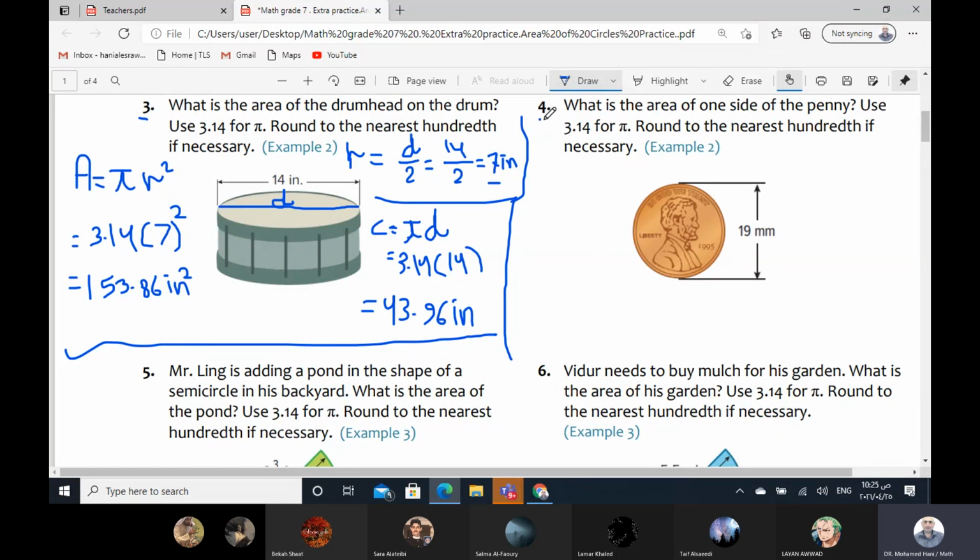Here the same idea. What is the area of one side of the penny? Use 3.14 for pi, round to the nearest hundredth if necessary. As you see here in the information, we have the diameter.